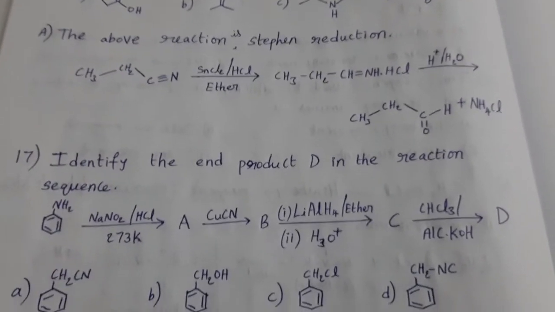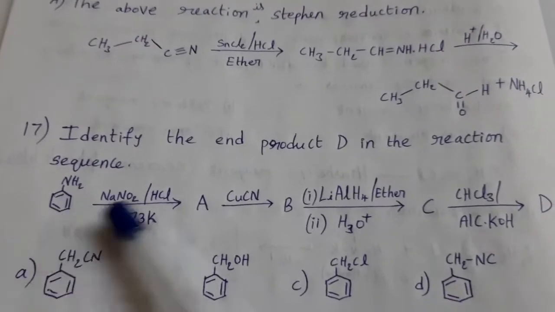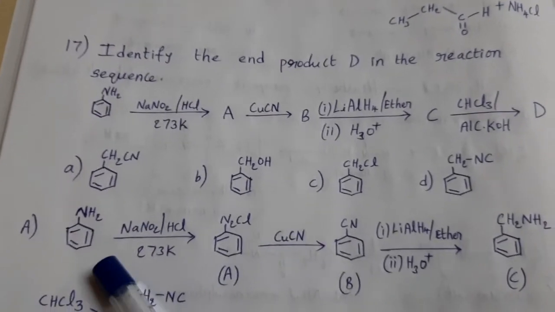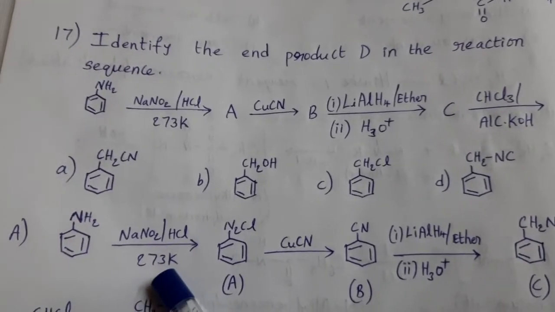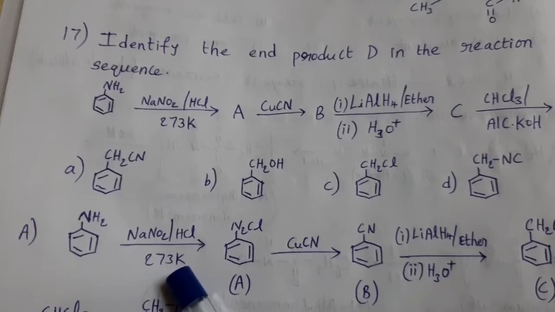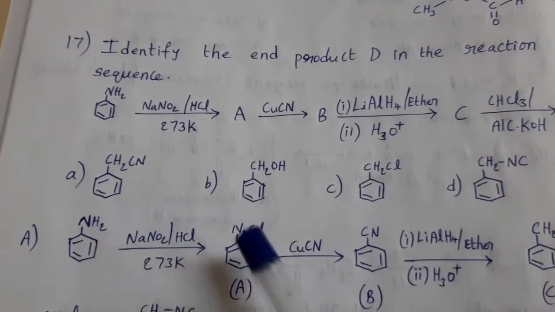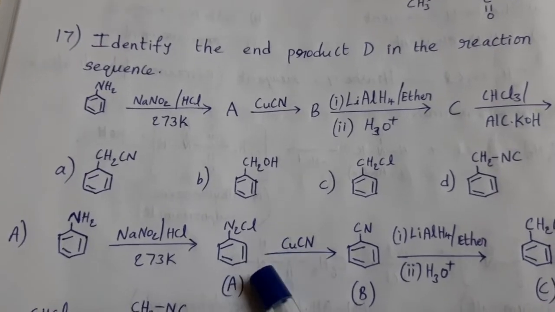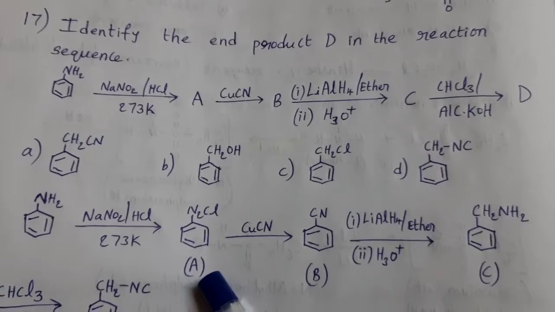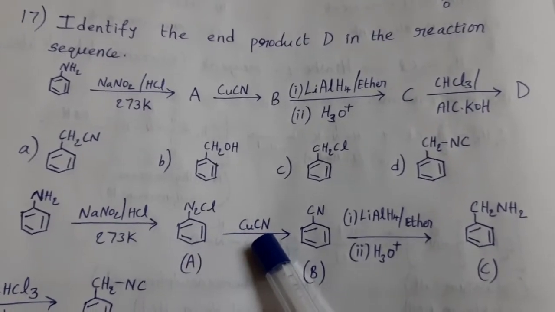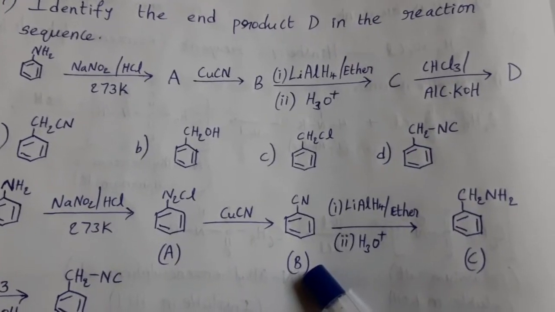Next, identify the end product in the reaction sequence. This is aniline. Aniline treated with NaNO2 and HCl at 273 Kelvin is diazotization, as we already know. The NH2 group is converted to N2Cl, benzene diazonium chloride. It is structure A. This compound treated with cuprous cyanide, CuCN, gives cyanobenzene.